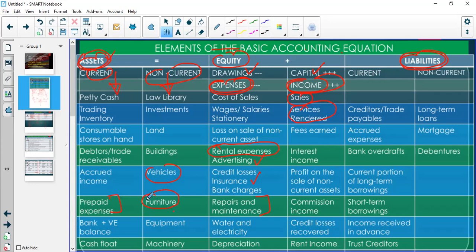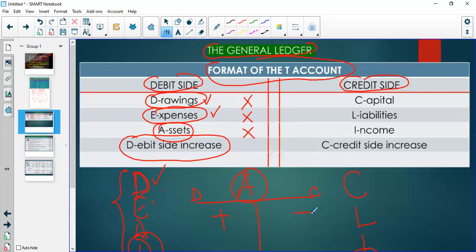So basically our furniture has decreased, right? And because furniture is an asset, we will remember that we're going to record that decrease, the amount here. The furniture that we removed is going to be recorded on the credit side. And if you buy more furniture, because it's an asset, we're going to record that increase on the debit side.